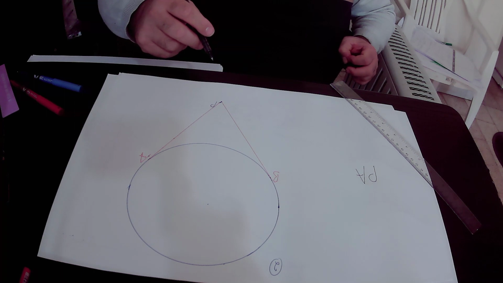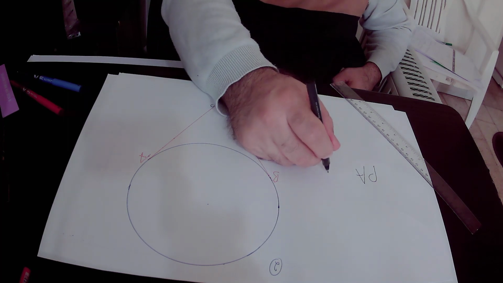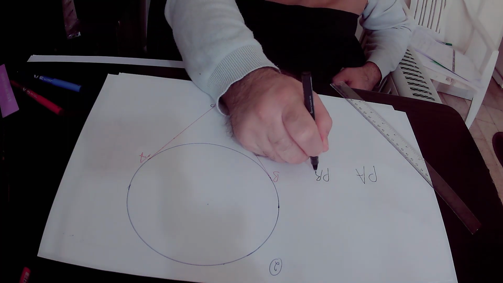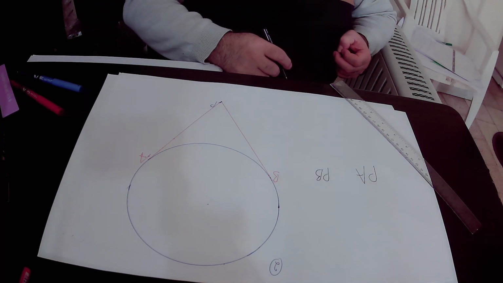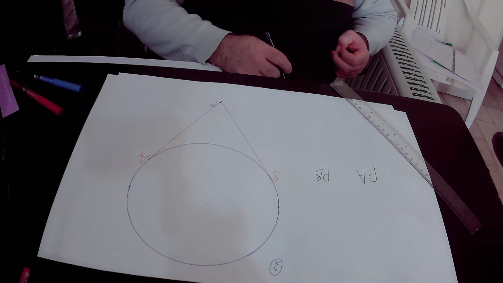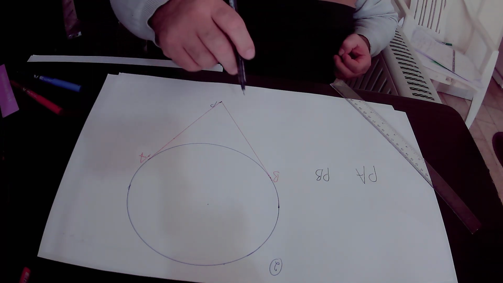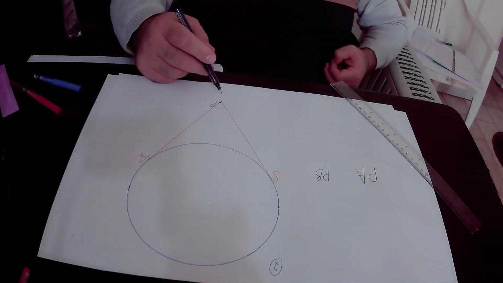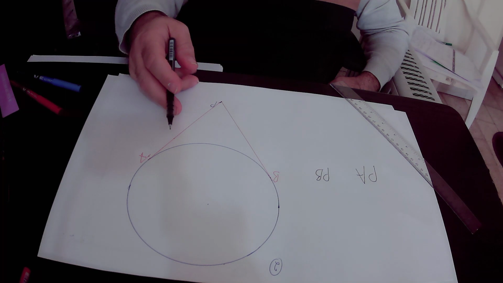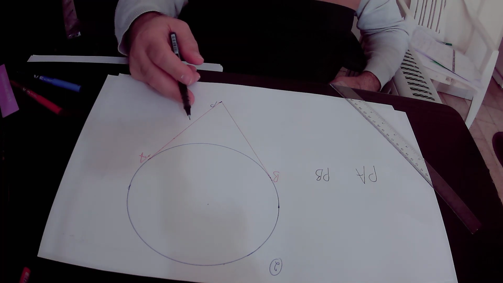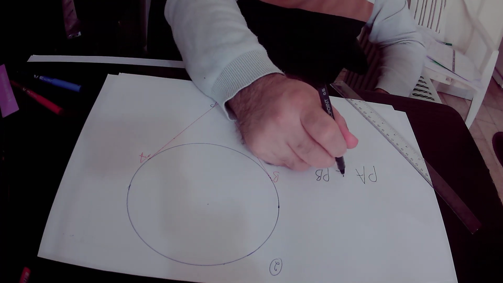And the length of the second tangent to the blue circle is PB, and according to the two tangents theorem, the lengths of two tangents from a common external point to a circle are equal. So we have two tangents, tangent PA and tangent PB, from the common external point P to that circle, and their lengths are equal. That is to say, PA equals PB.